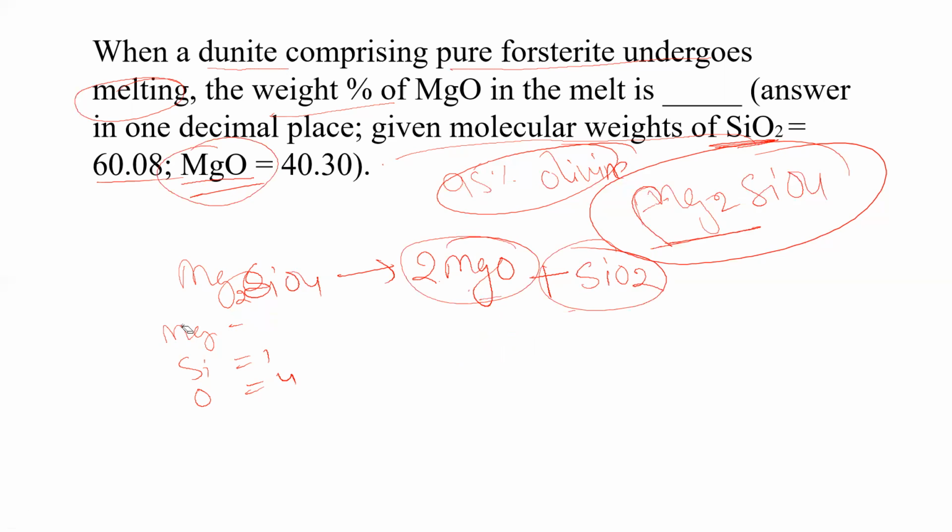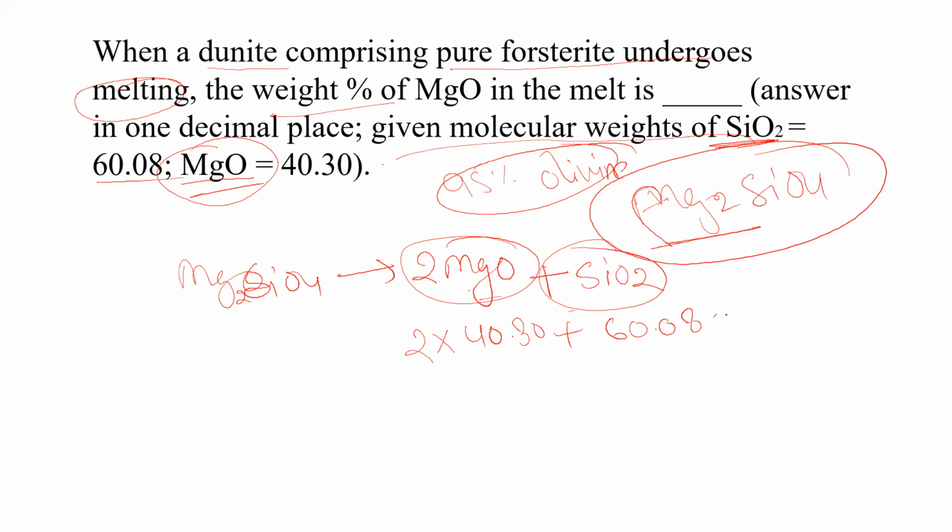So when we calculate the weight percentage of MgO, first let's calculate the molecular weight. MgO is given, but we have 2 MgO, which means 2 multiplied by 40.30 plus SiO2, which is 60.08.